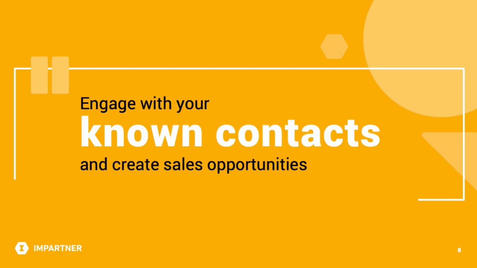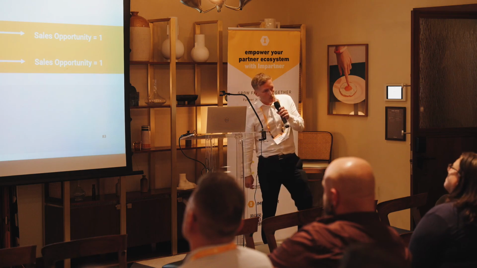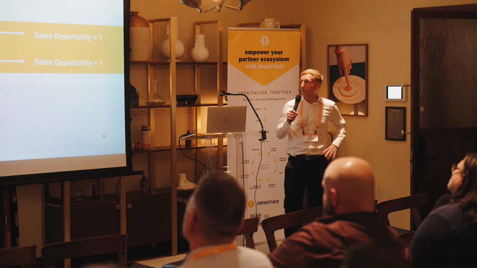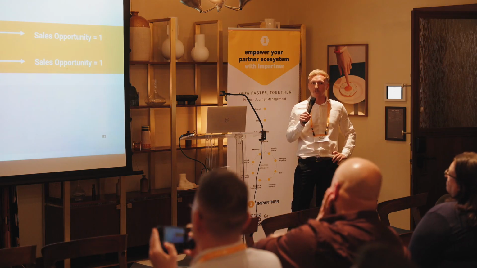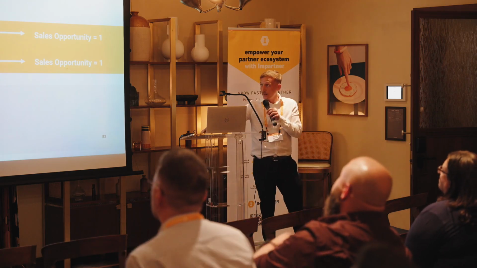But how do you engage with your known contacts to create sales opportunities? I think it's really important to consider that when you're talking about organic PMA, which are social and email campaigns, it's a volume game. On average, you need about 10,000 social media touchpoints or 11,100 email touchpoints to create just one sales opportunity. So let's break that down.